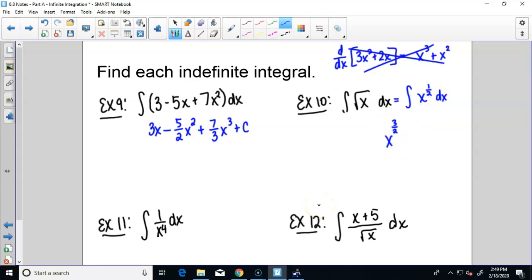And depending on how good you are with fractions here, you're going to divide by that exponent. If you're really good with fractions, then you know dividing fractions is easy as pie. You're going to flip the second, multiply. You can simplify this all in one step. If you are not so great at doing that part in your head, write it out the long way like this. 1 over 3/2 is just going to be 1 times 2/3.